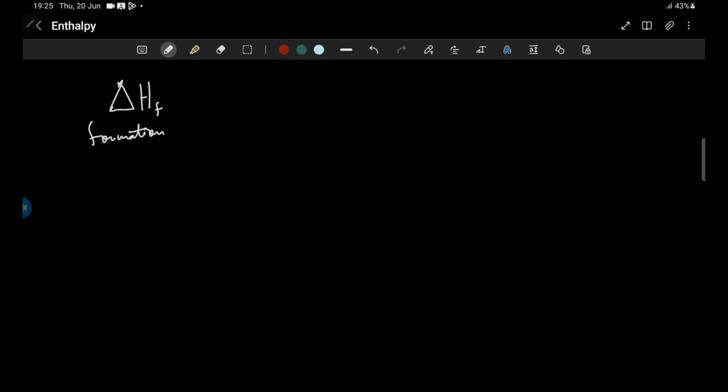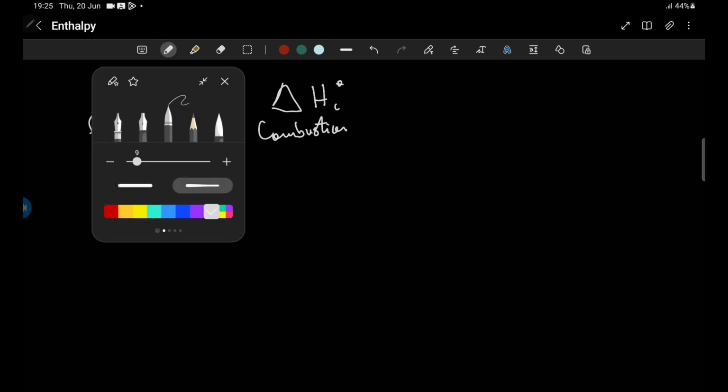And that's the symbol. And then we have the heat of combustion. We're still going to refer to all of this as time goes on, but just to give you a head start into what we're dealing with.